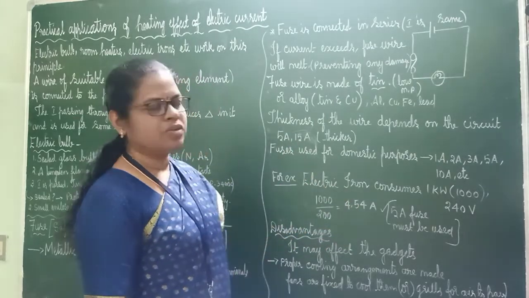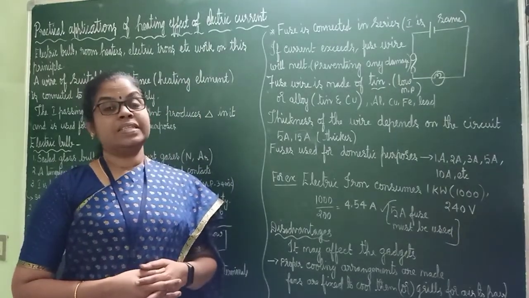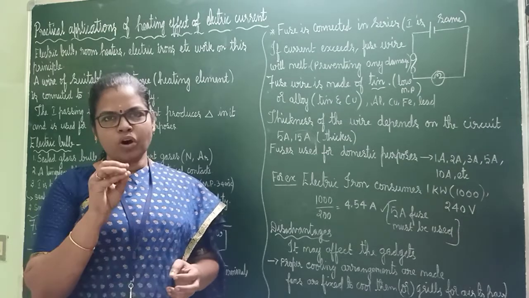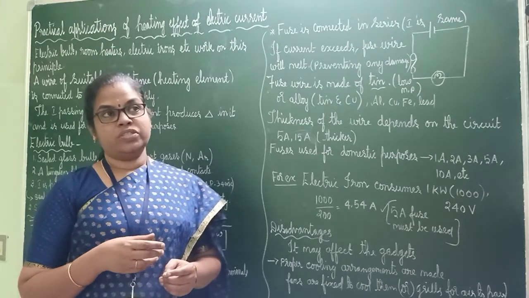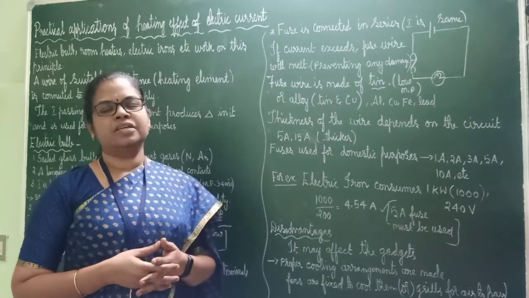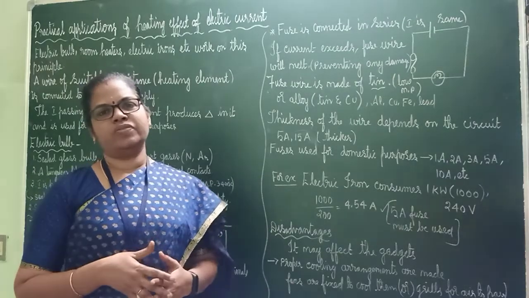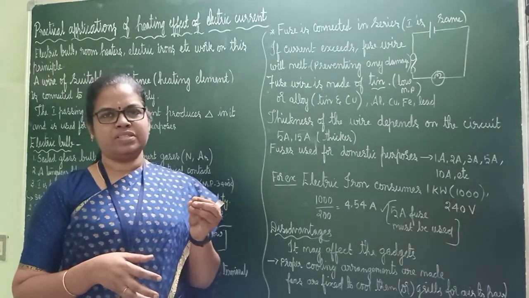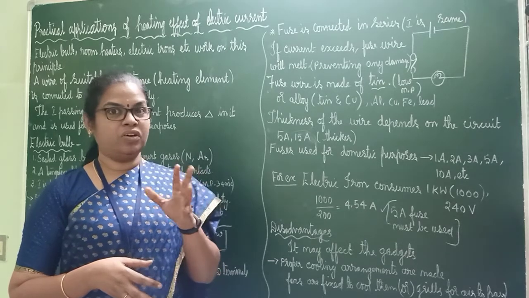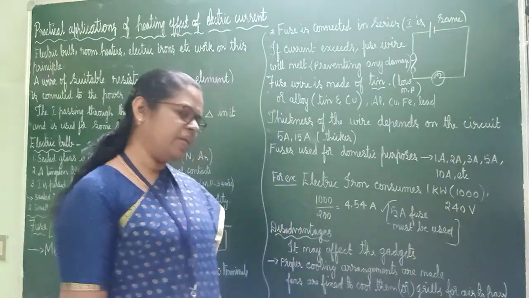The disadvantages are also there. Because of this heat, the gadgets get damaged. So nowadays they keep a small fan in the gadgets, which are sometimes very costly, 1 lakh, 2 lakh or more. To protect the gadget, a small fan is fixed in electrical devices like TV and systems, built in. So proper cooling arrangements are made.